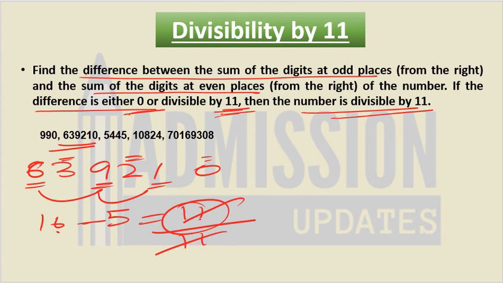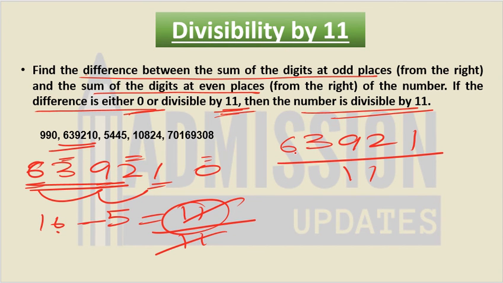Now we will check whether this number is divisible by 11 or not. 11 5s are 55. Okay, 11 5s are 55. This will be 89.